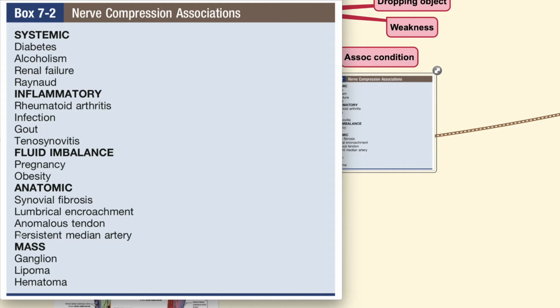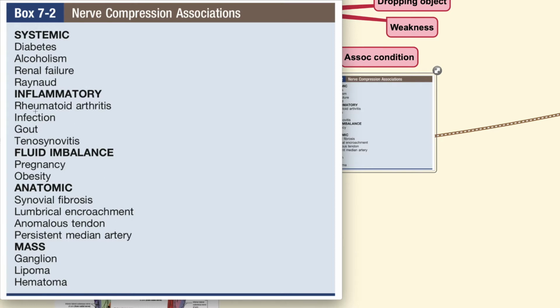And I would sometimes try to remember them using the massive mnemonic, which is M for mass, A for anatomy, and then S for systemic, I for inflammatory, and F for fluid imbalance, with each of it stated clearly here, causing the nerve compression.